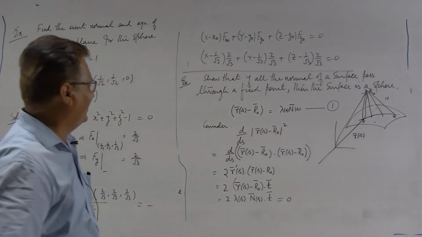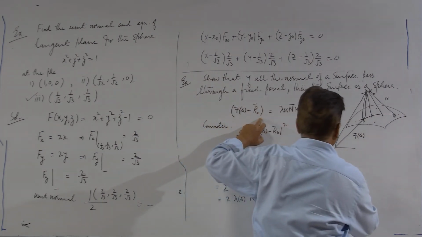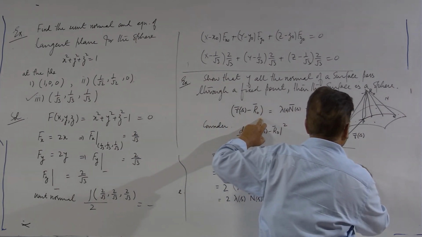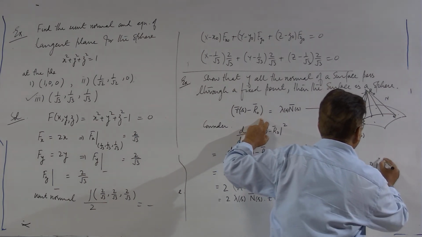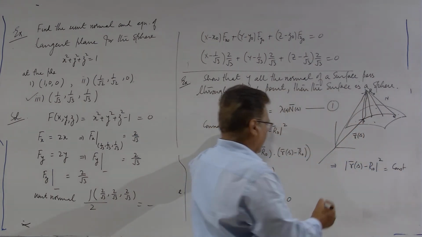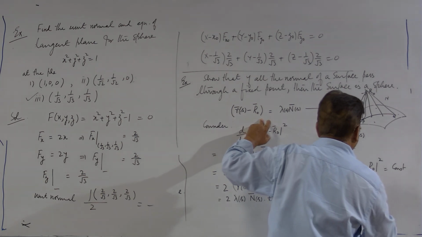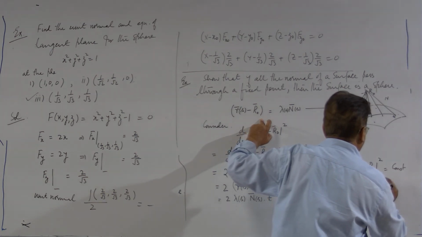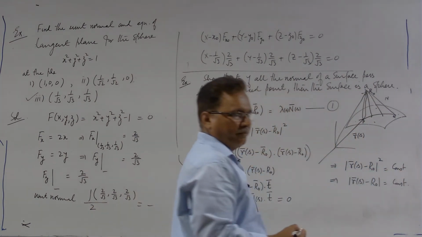So this implies mod of Rs minus R0 whole square is a constant, and this implies mod of Rs minus R0 is constant. Okay.